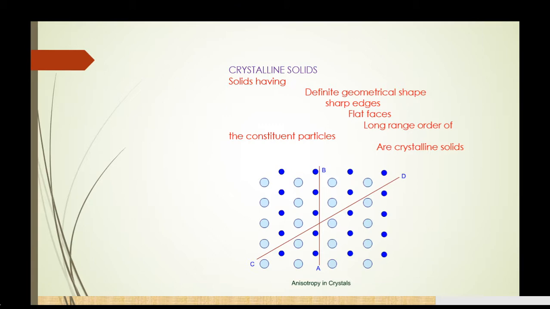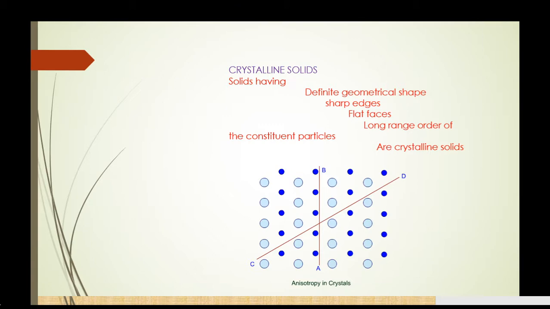So, crystalline solids have distinguishing features. These are: number first, crystalline solids have definite characteristic geometrical shapes. So, if the solid has a characteristic geometrical definite shape, the solid will be a crystalline solid.